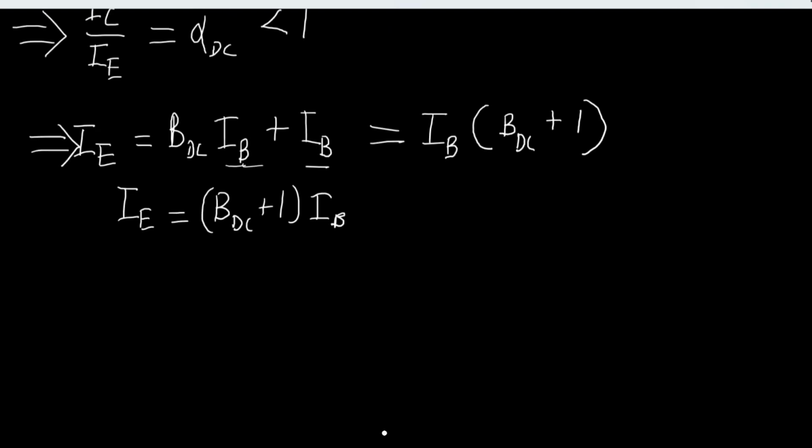Another relationship we'll be trying to find is that of beta and alpha. How are they related to each other? Let's try and solve that. Referring back to our initial, our number one equation, which is that IE is equal to IC plus IB.